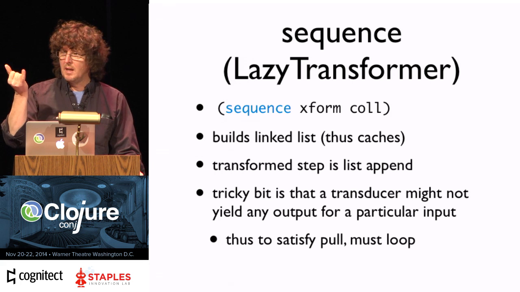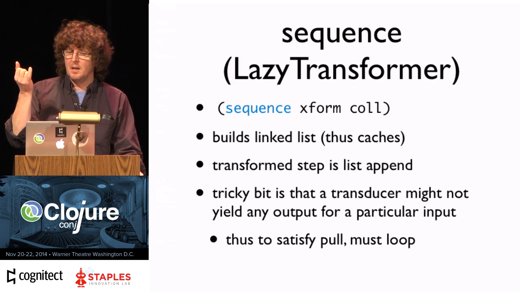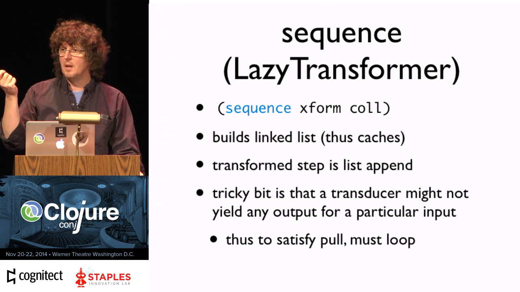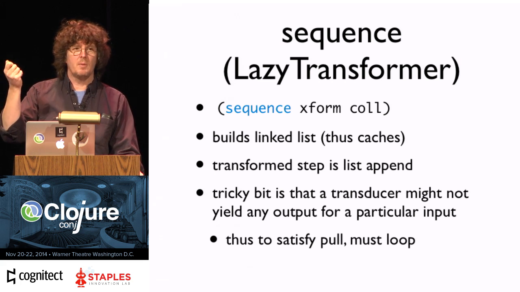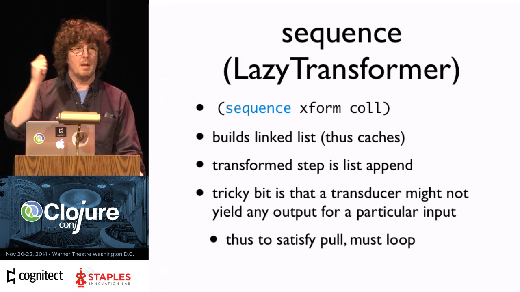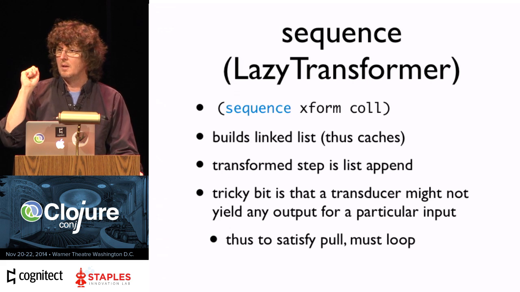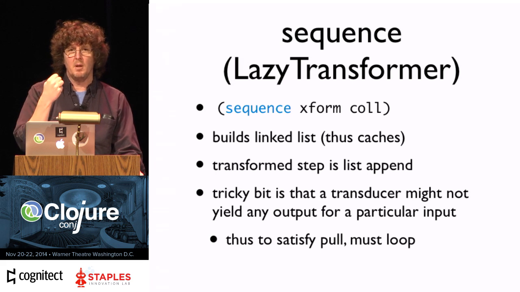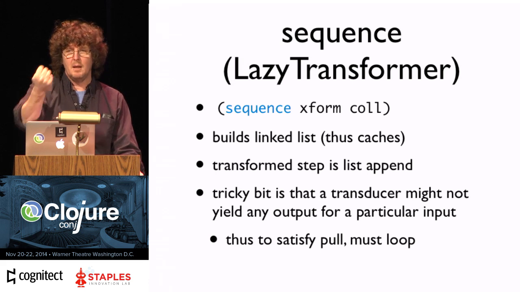Lazy seq just knew how to attach things to the end of the last cell. The tricky bit, if you think about making a lazy list out of a transduced collection, is the fact that collection might sometimes return nothing, right? Maybe one of the transducers is filter, which means I've pulled, because I'm going to be eating a sequence by pulling. I said, give me something.